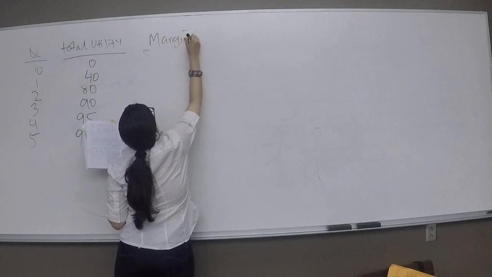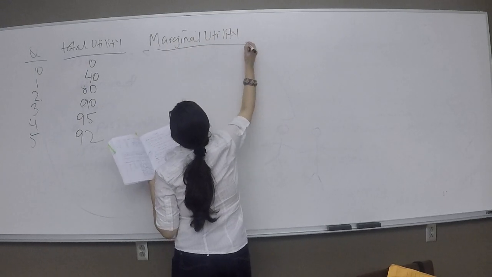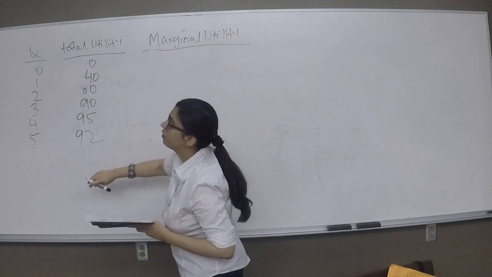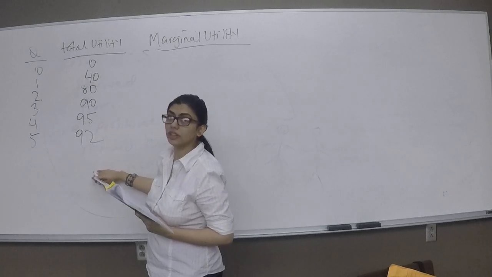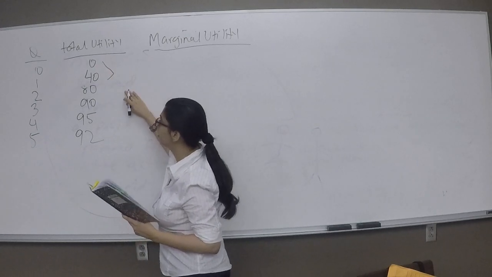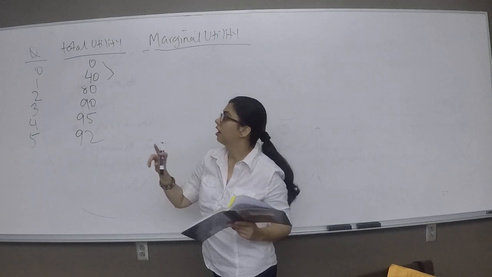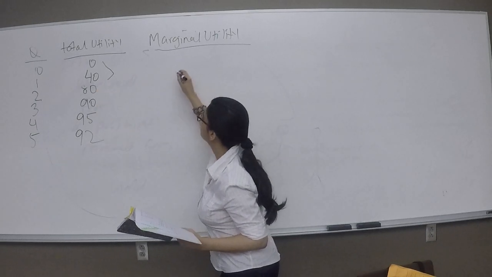Marginal utility. You'll be given something like quantity and total utility, and you're going to have to calculate marginal. For the first one, the utility you get from the first activity is 40.